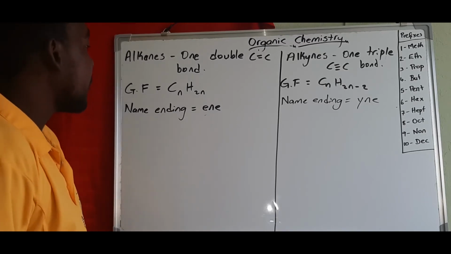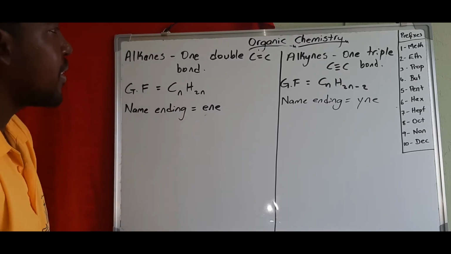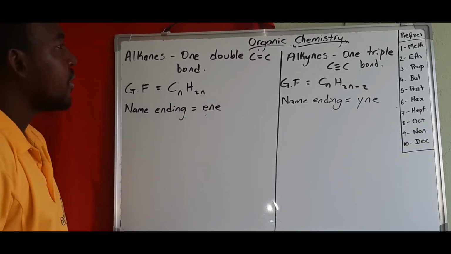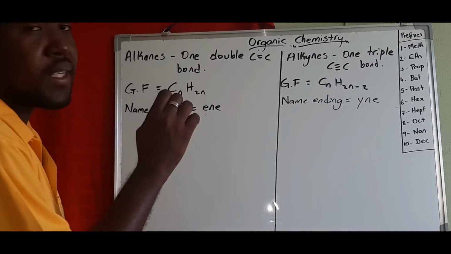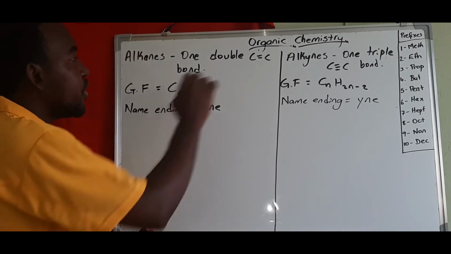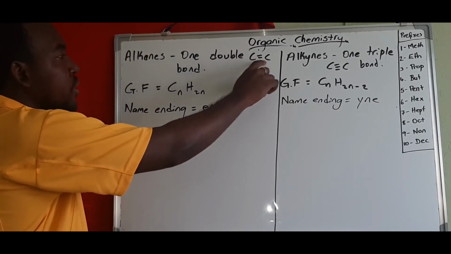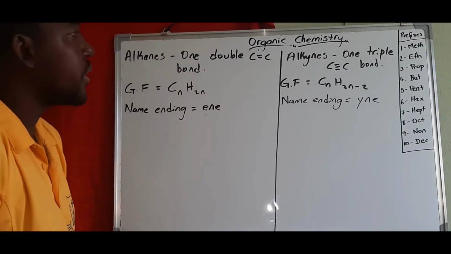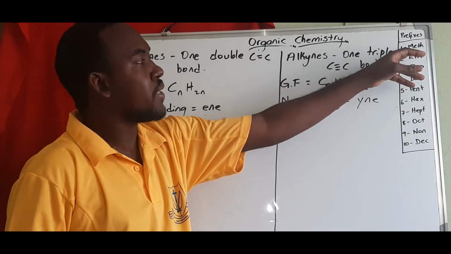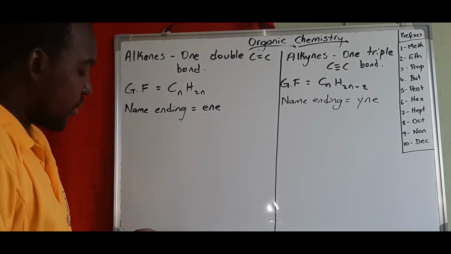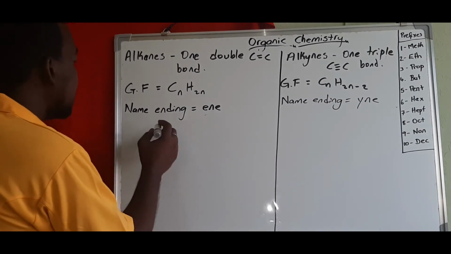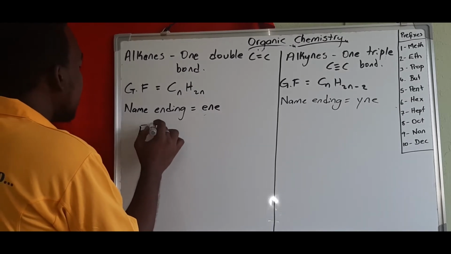So let's start with ethene. It would be the simplest alkene because we have to have a double bond between 2 carbons, and if it's meth, then we can't have a double bond. So we're going with the simplest one, which is ethene.